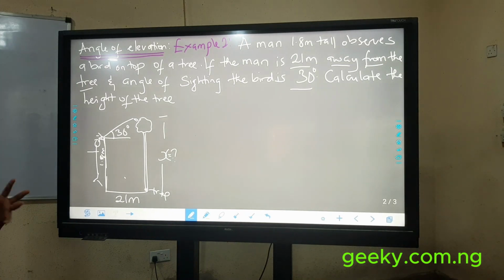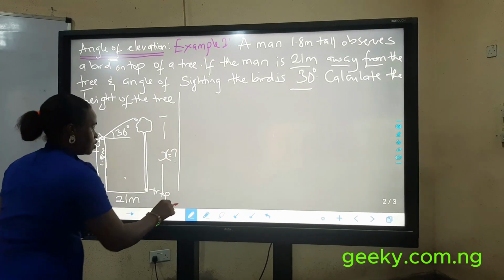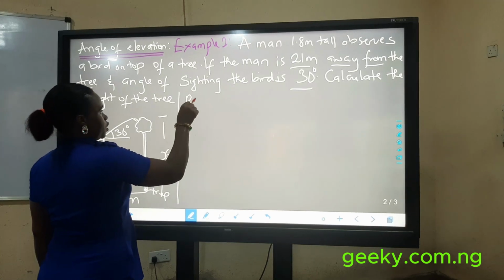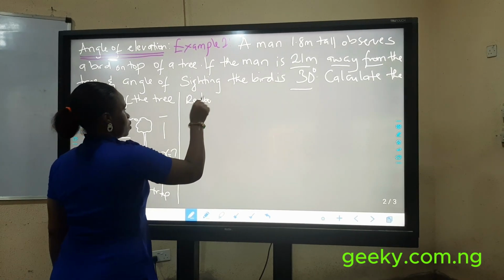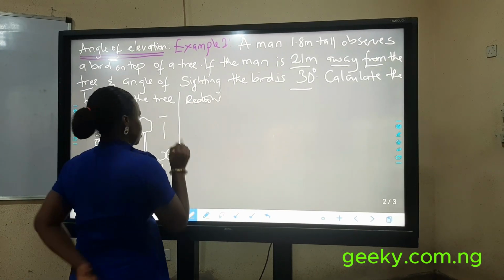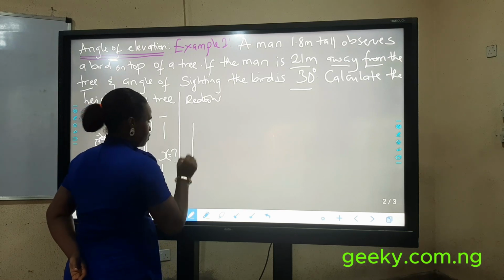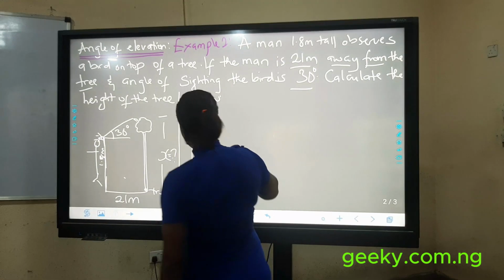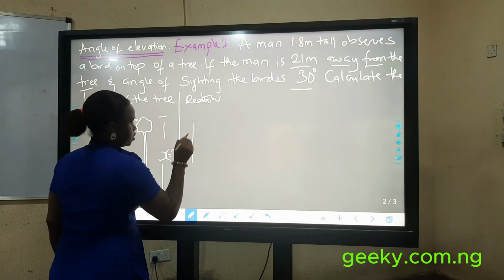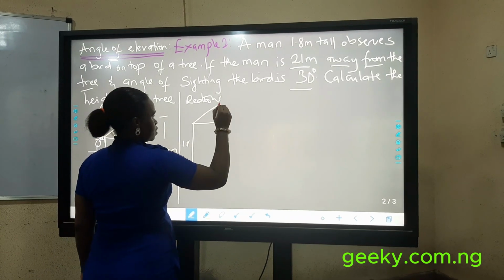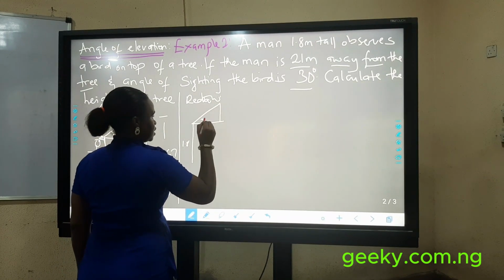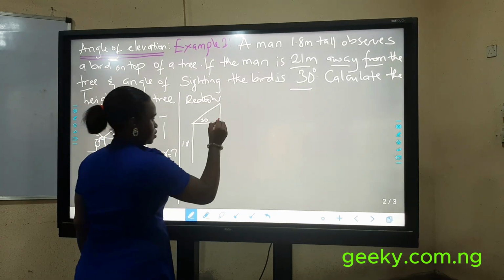So let's try to redraw this here. If you want to redraw it, we have it like this. So we have 1.8 meters, 30 degrees.